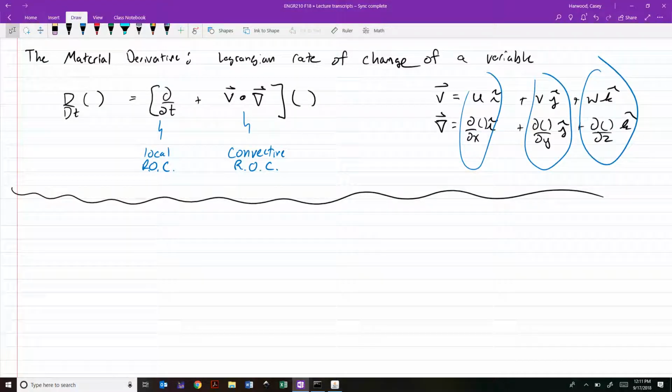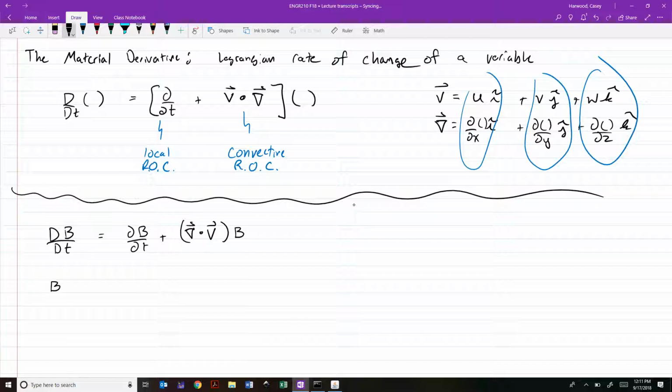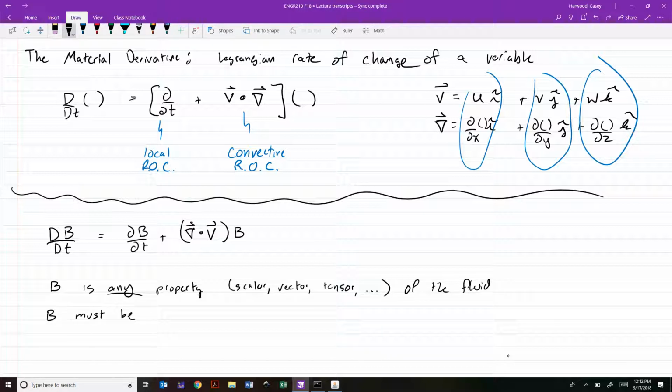So the idea is, now if we want to apply it to something other than the velocity, we would write it more formally as DB/Dt equals ∂B/∂t plus grad dotted with v of B, where B is any property that can be a scalar, vector, tensor, etc. of the fluid, but B must be written as a field in order for this to apply.